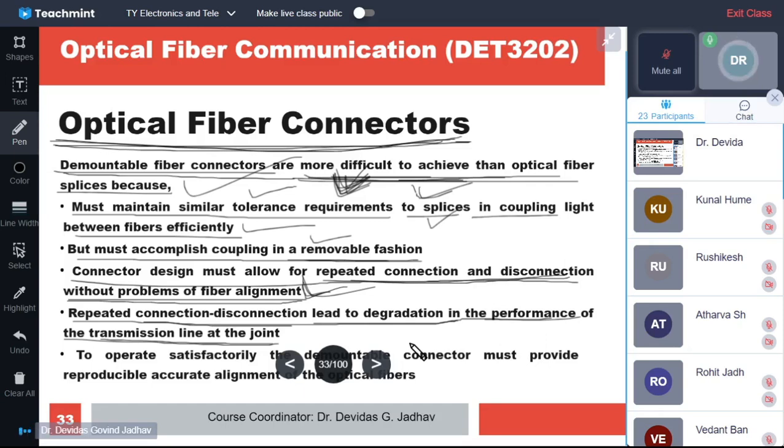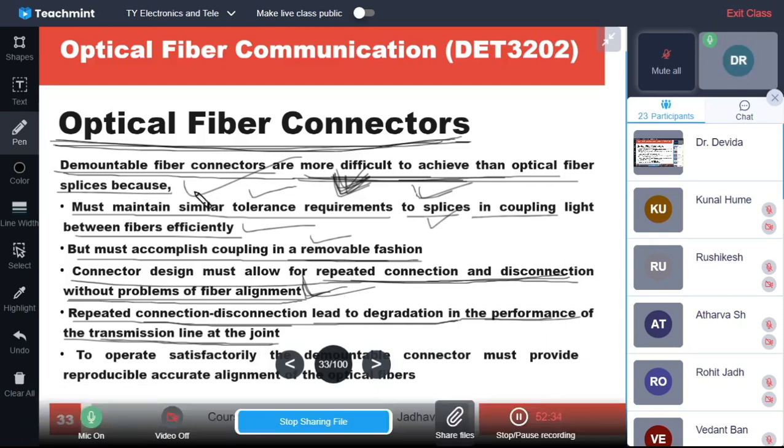Okay, so this is the requirement. So demountable fiber connectors are more difficult to achieve than the splices because of the reasons we have seen.